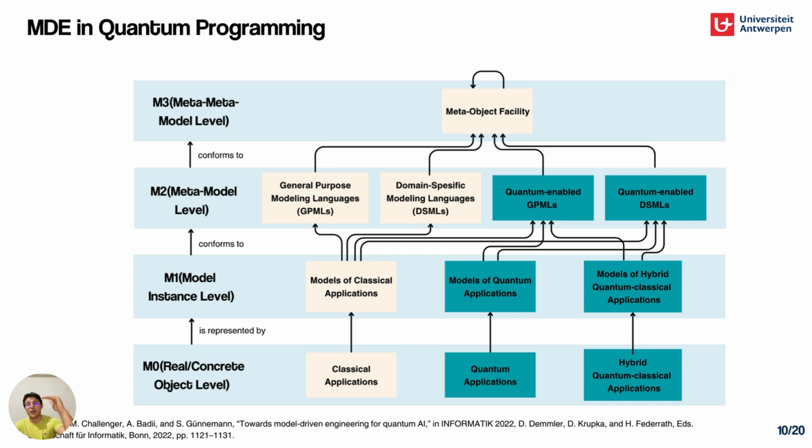And above, the highest level of abstraction is the M3 level, which defines the languages and the rules for creating those meta models, which is the M2 level, and it ensures consistency over the whole process.